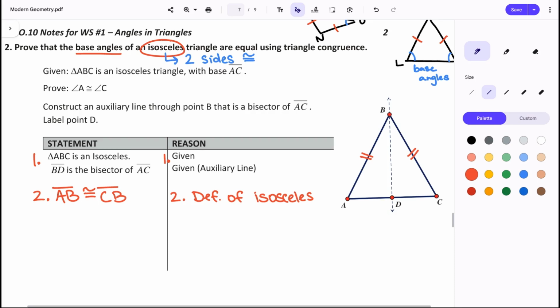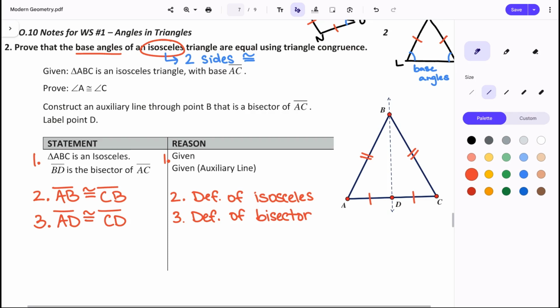Good. AD and CD should be the same. So I'm going to write that down next. And this is using definition of bisector. Okay, and then I'm going to go ahead and mark those sides. I'm going to give each of those just a single dash.